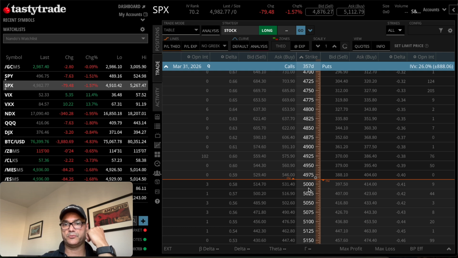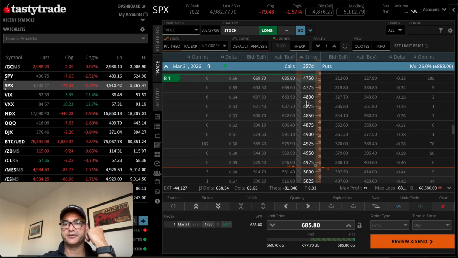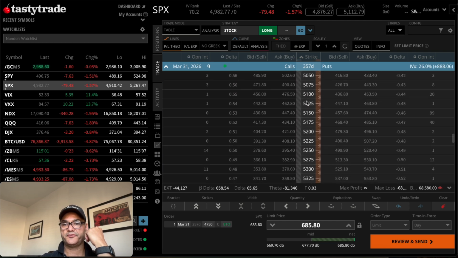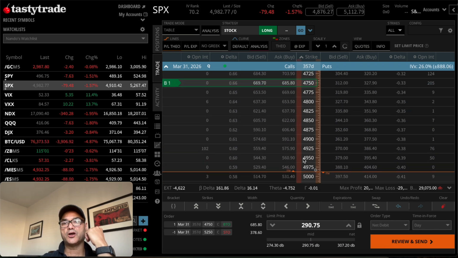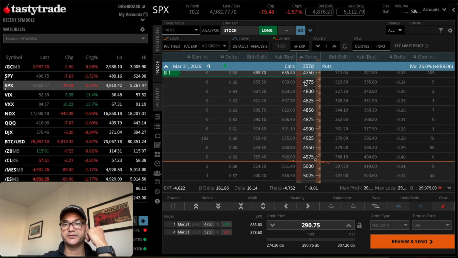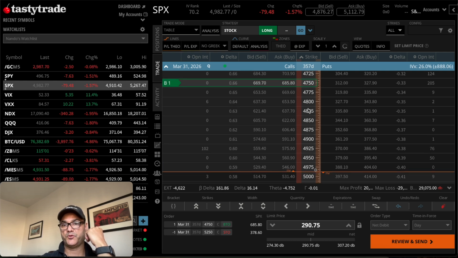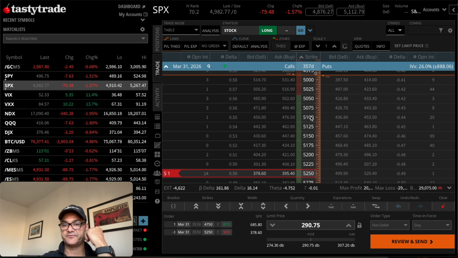We're going to go 250 below to the 47.50 strike. We're going to go 250 above to the 52.50 strike. That's going to take care of the call side. Now note this is a bullish call spread. It's a vertical spread, and the width between the 47.50 strike and the 52.50 strike is 500.